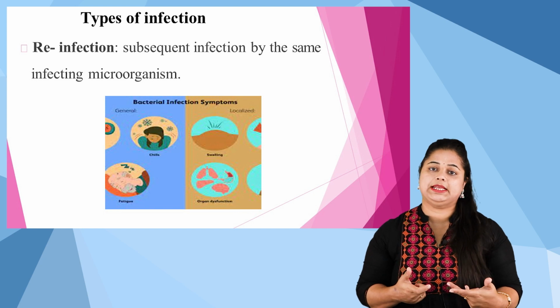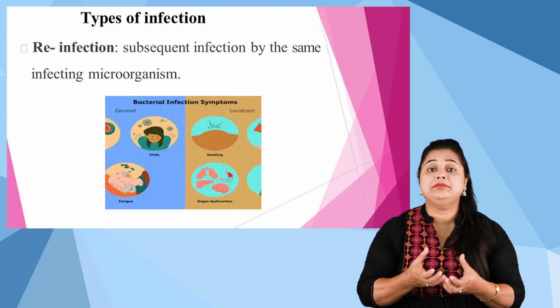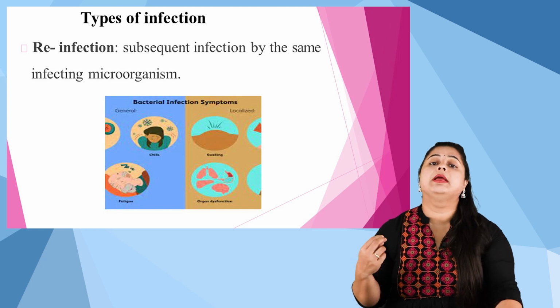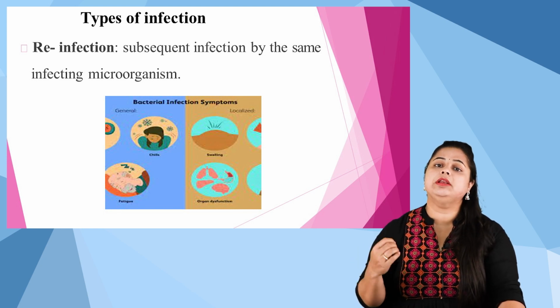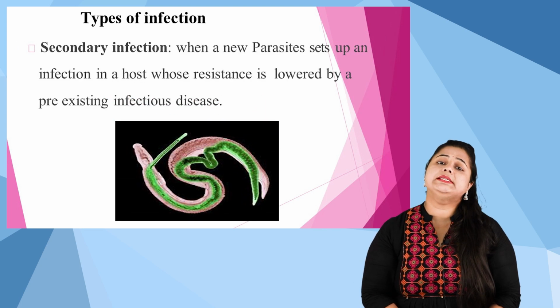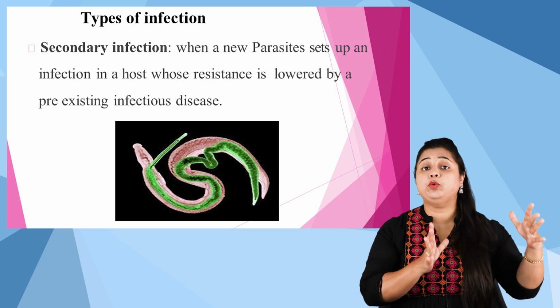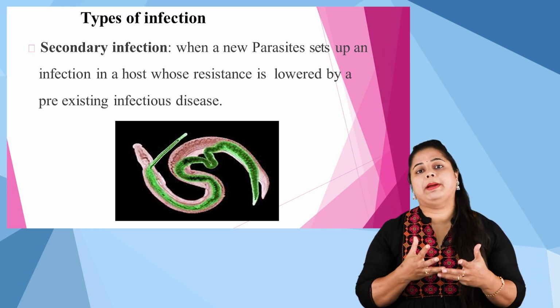The second type of infection is reinfection. The word itself says that re means again, the infection. That means the same type of microorganism is causing infection once again in the same person. Next is secondary infection. Secondary infection means a new parasite. Why do we say parasite?